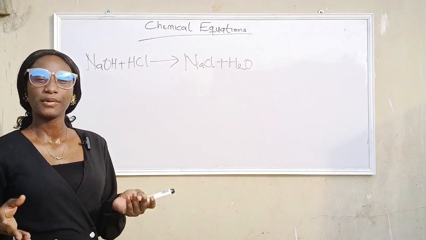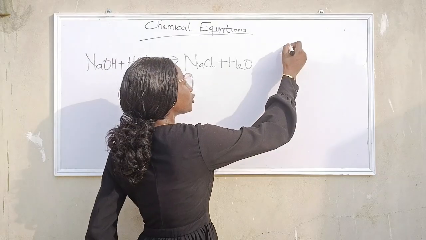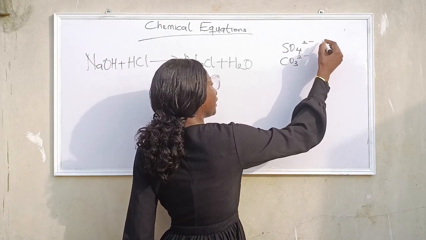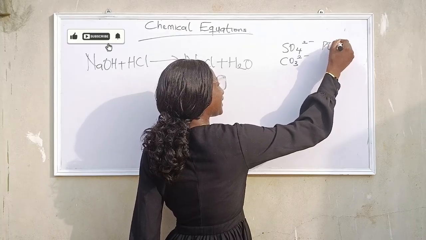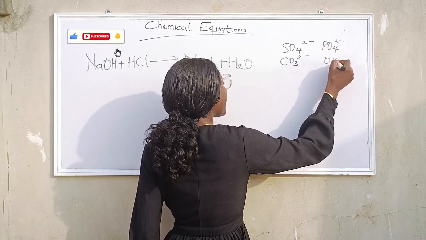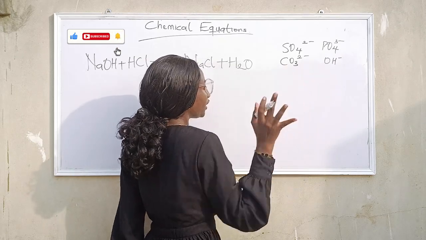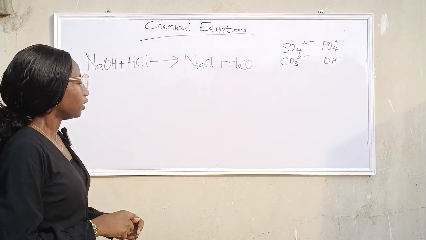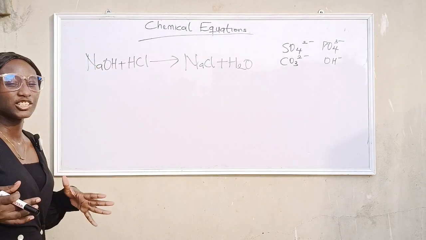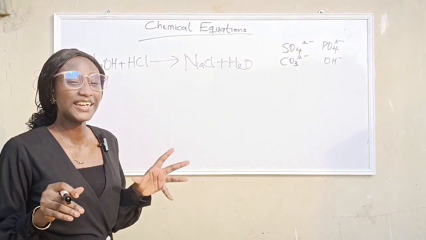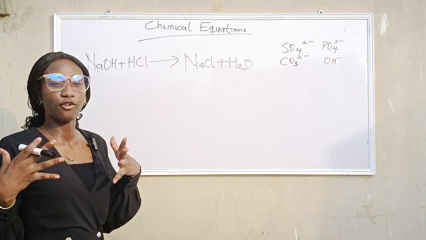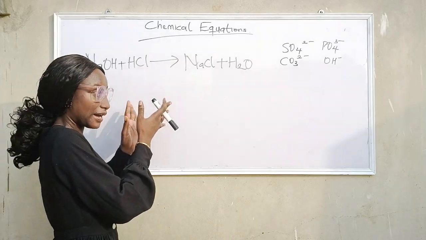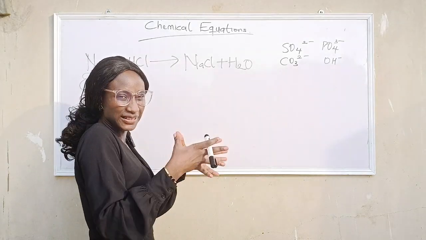When we have polyatomic ions like SO4 2 minus, CO3 2 minus, PO4 3 minus, and OH minus in ionic compounds that are dissociated, you can treat them as a single unit if the form is not changed when they go from the reactant side to the product side.